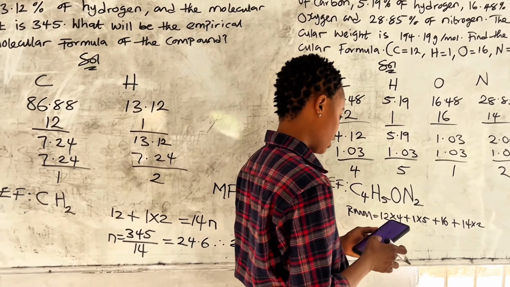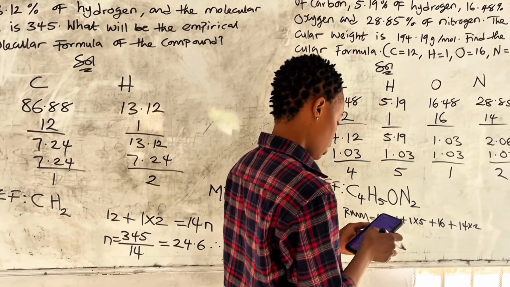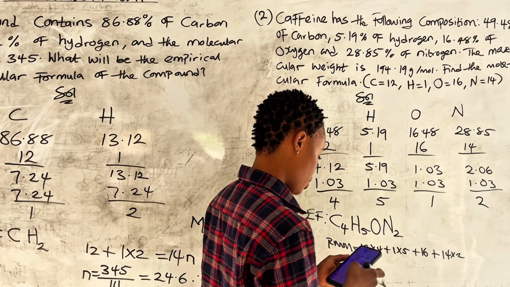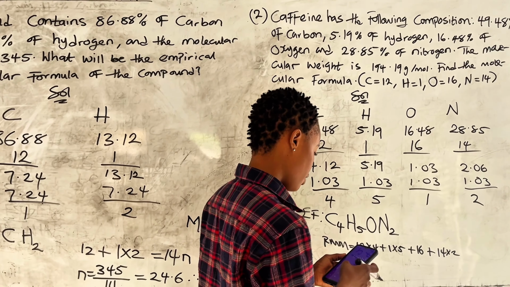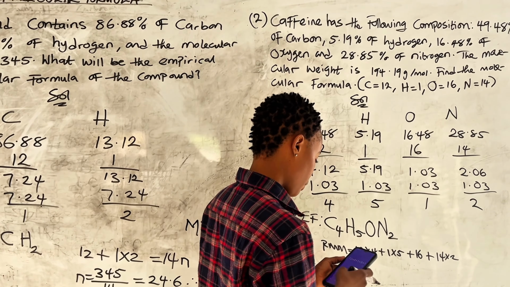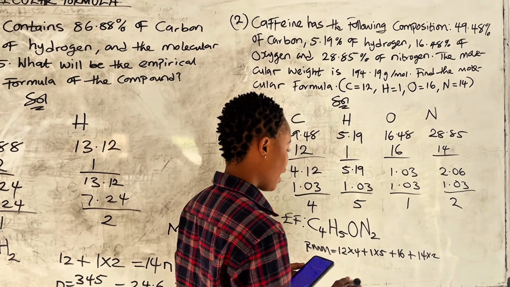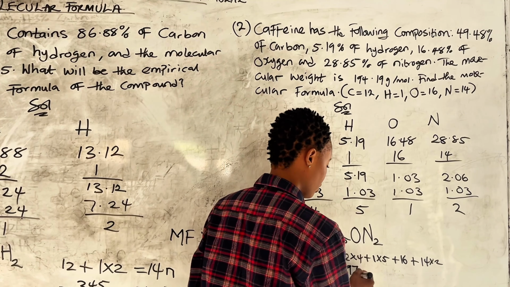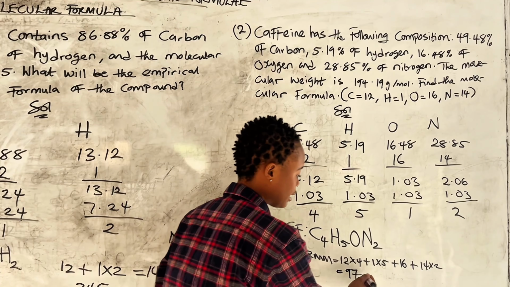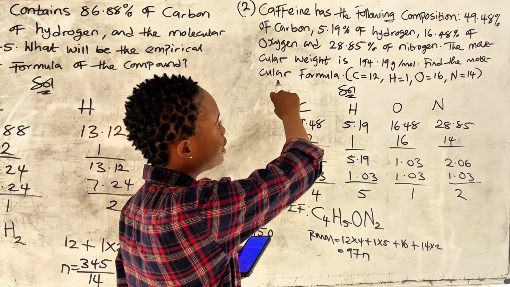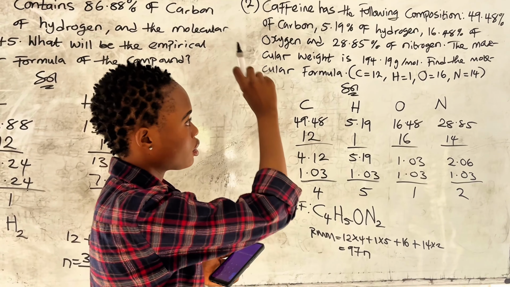So let's quickly do that. So 12 times 4 plus 1 times 5 plus 16 plus 14 times 2. So what we have is 97. So we're going to be dividing our 97 by the molecular weight given in the question.